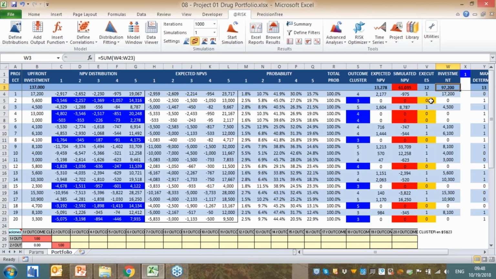This combination, for example, of 12 different projects, the combination of project number 1, project number 3, project number 6, and so on and so forth, is going to give me an investment which is slightly less than, say, my budget of 100,000, but then is going to produce this simulated NPV. The next natural question is an optimization question.